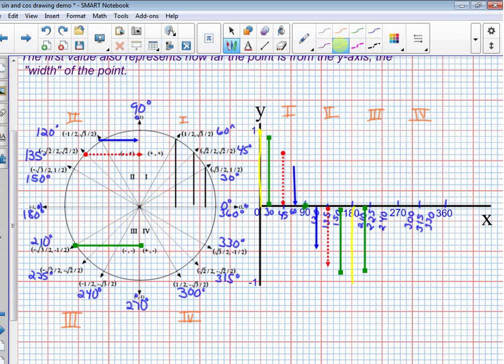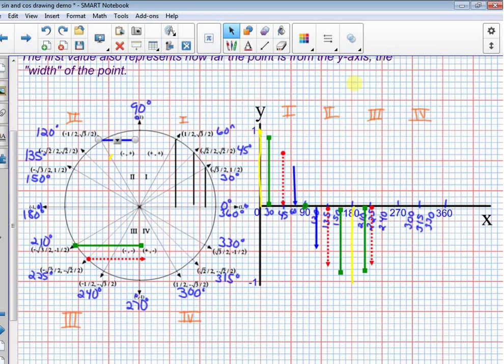For 225, that distance would be represented by the red dotted line. That distance, we're looking at the x-coordinate as if we were plotting it off that x-axis. So I'm going to just clone one of these. It's the same distance. And put it at 225.